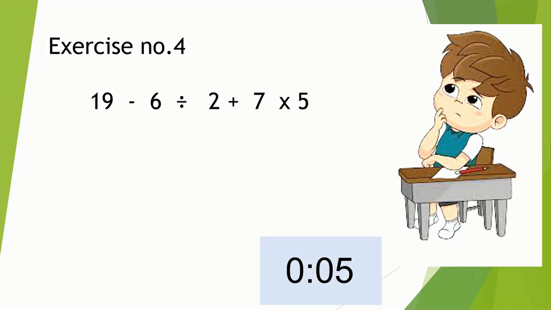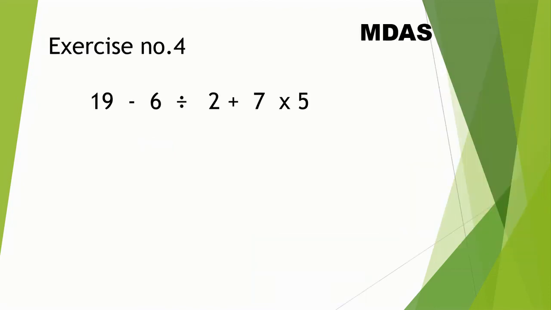Okay, stop. So your answer will be 51. Let's see. 19 minus 6 divided by 2 plus 7 times 5. We're going to divide: 6 divided by 2 is 3.